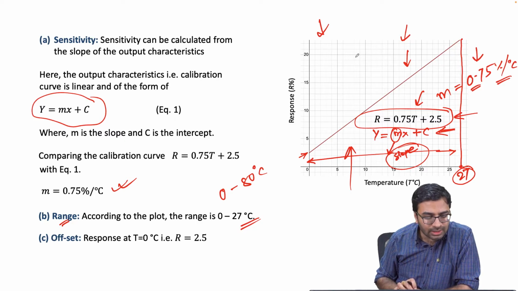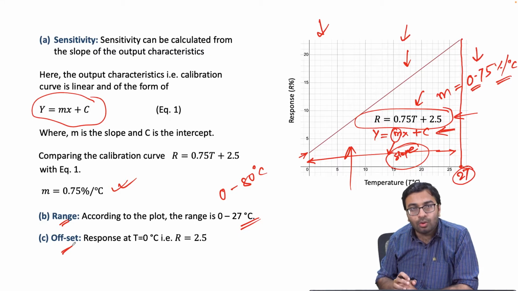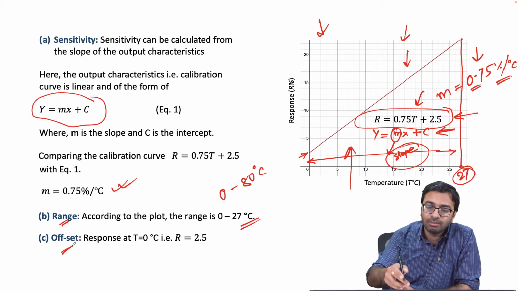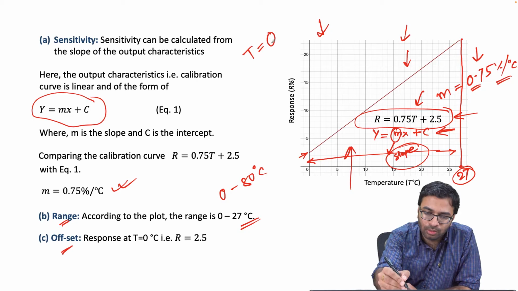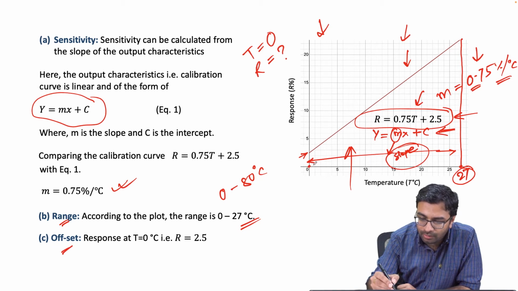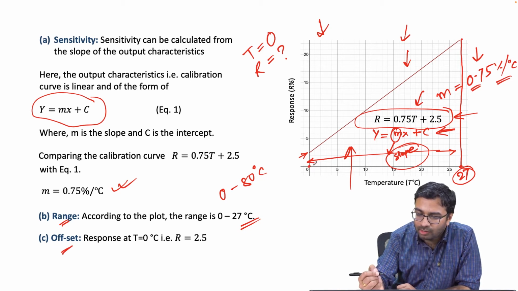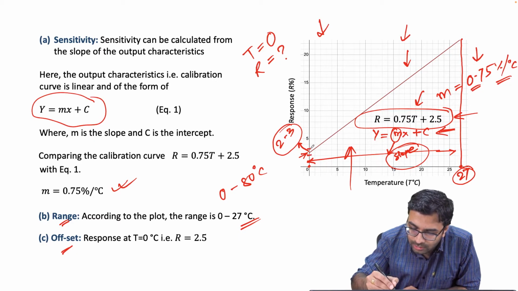And then the third question is, what is the offset associated with the sensor? Now we know offset is the value or the response of a sensor when the stimulus is 0. In this case, the stimulus is temperature. So at T equal to 0, whatever the response is, is your offset. From the plot, the value at T equal to 0 is somewhere between 2 to 3, because this is 1, this is 2, this one is 3.